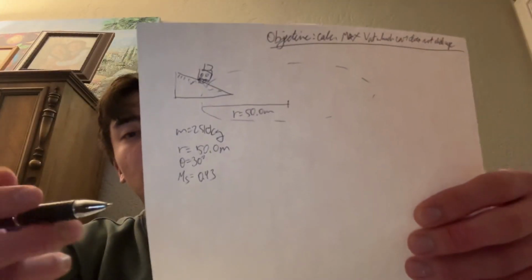Okay, so now that we have our objective clear, we can figure out what we need to do. We're given that mass equals 2,510 kilograms, radius equals 50.0 meters, theta equals 30 degrees, and mu s equals 0.43. So we have our givens, we have our objective, now we need to analyze.